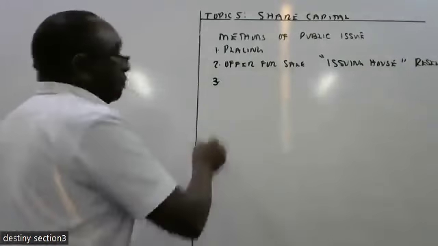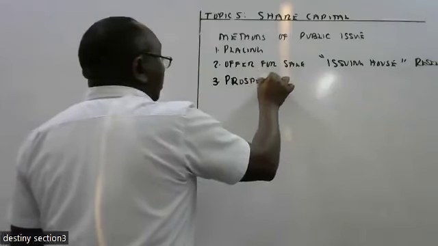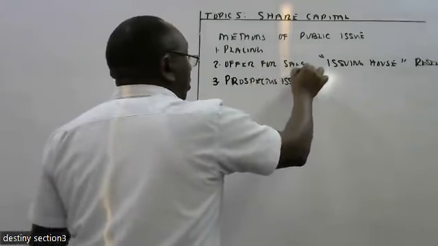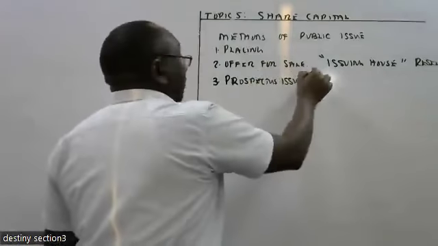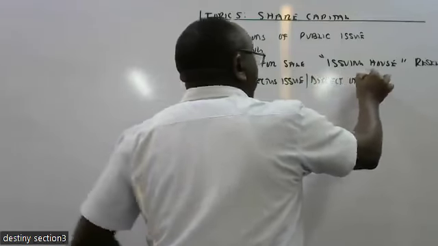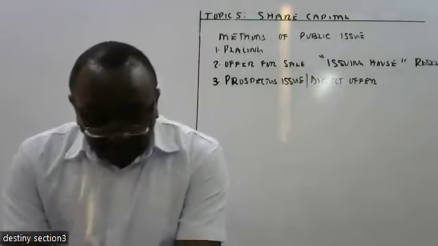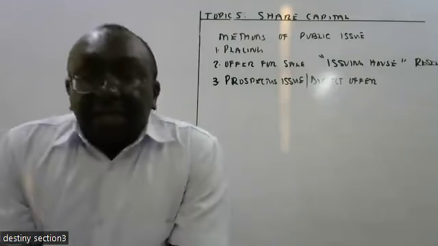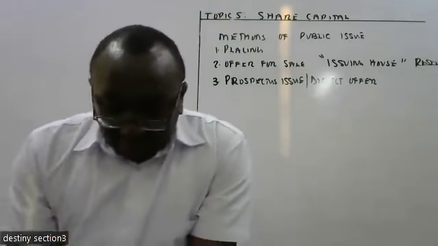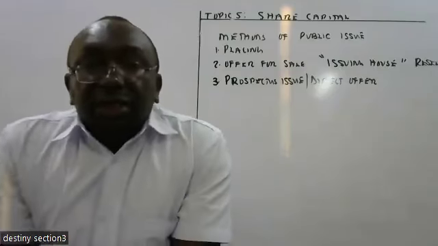Number three is called prospectus issue, or direct offer. The company sells shares directly to the public.